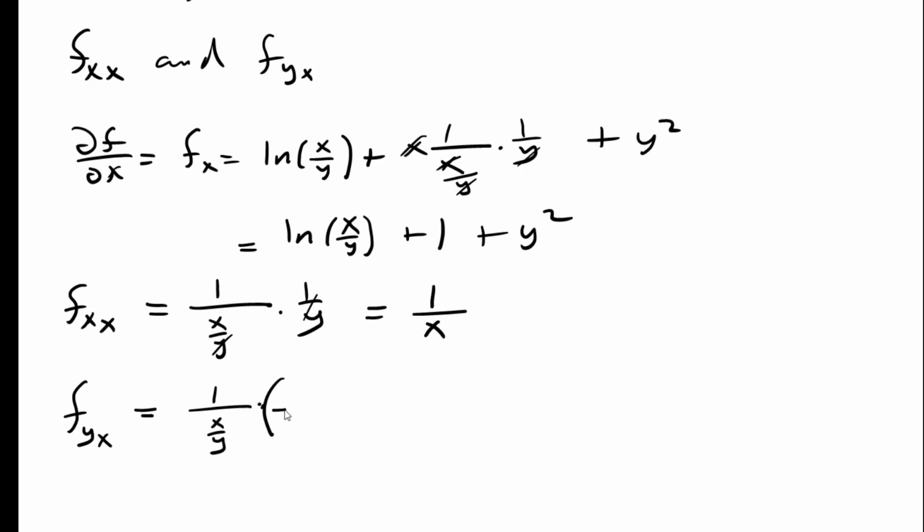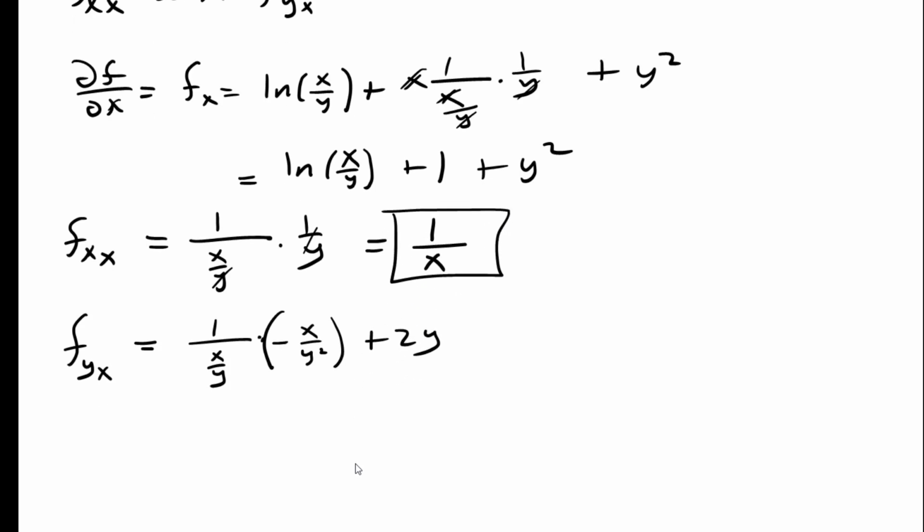So this is going to be negative x over y squared. And then plus 2y. And we can start canceling things out. The x goes away, and then one of these y's goes away. So what we end up with is negative 1 over y plus 2y.